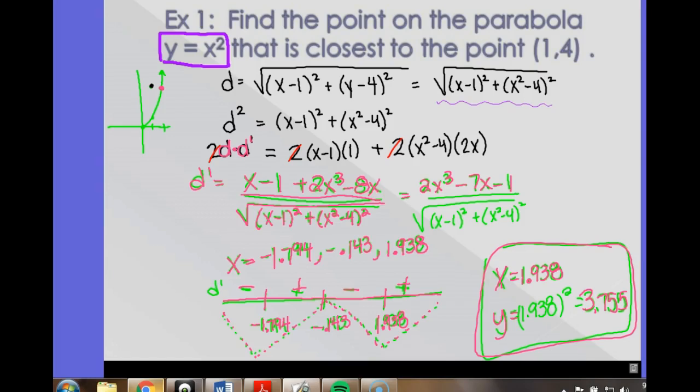If it's the derivative, isn't that the point where it crosses the axis? Yes, it's a 0. But that point's nowhere close to 0. That's not the point that we're saying is close. We're saying the 1.938 on that original x squared is close to (1, 4).